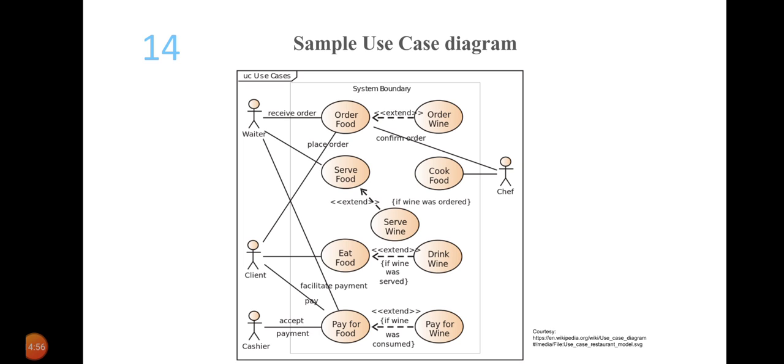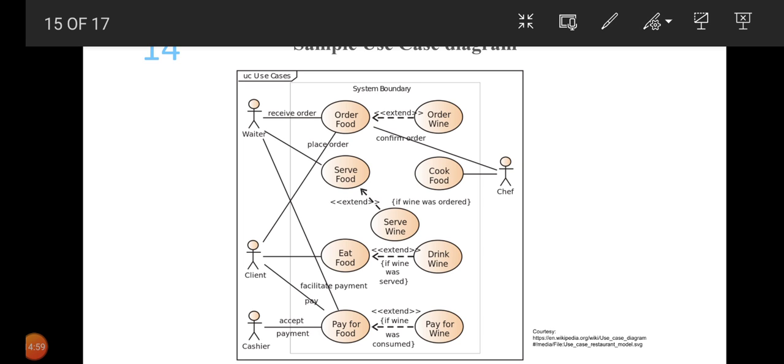For example, if this same thing should be represented in a software design or a software product design, then we have to exclude these particular use cases: serving of wine, serving of food, drinking of wine, or eating of food, etc. So we cannot use these use cases.